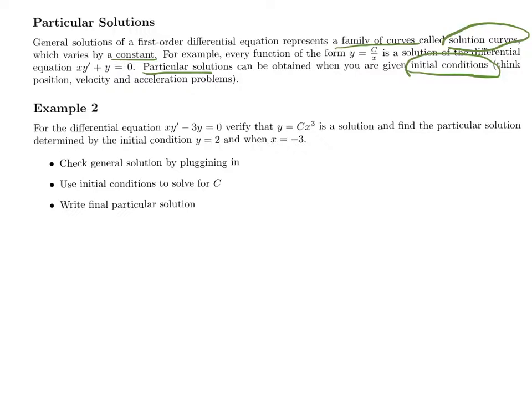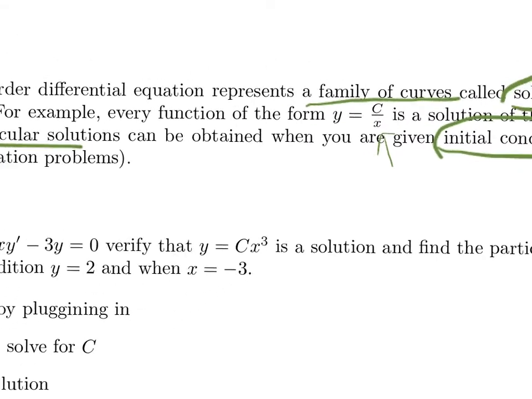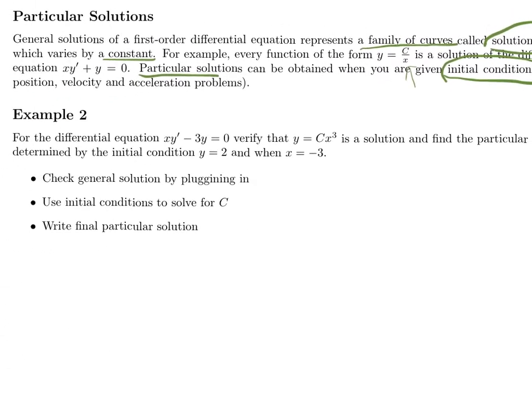It depends on the function. For example, for y equals c over x, if x is 0, that's not going to help us find c. It's not in our domain. So we would want x to be 1, and that would give us c right away in this case.